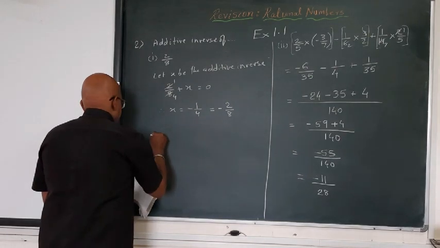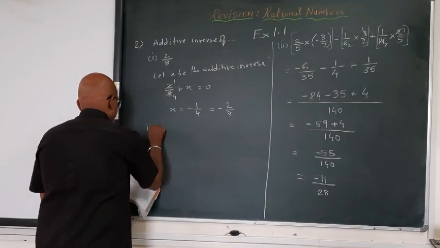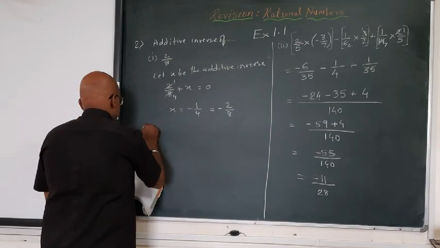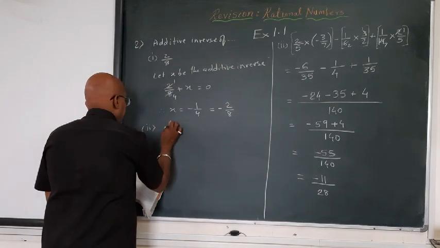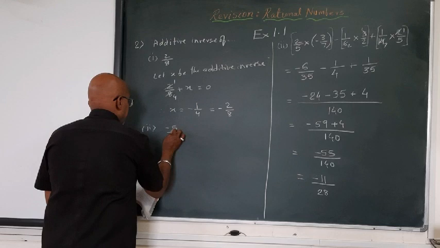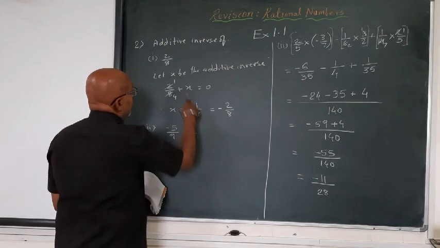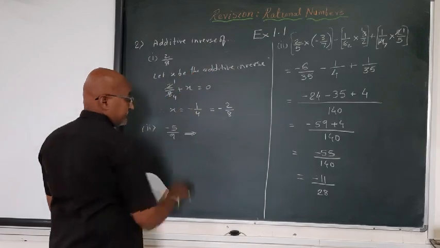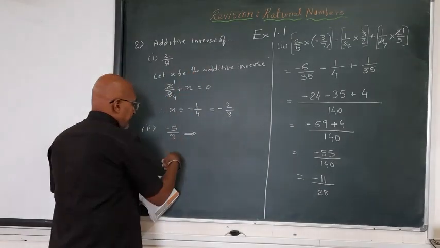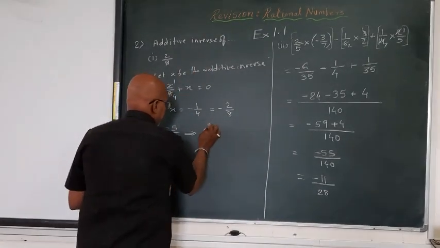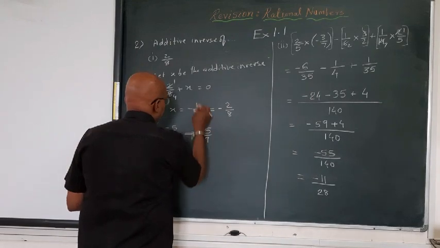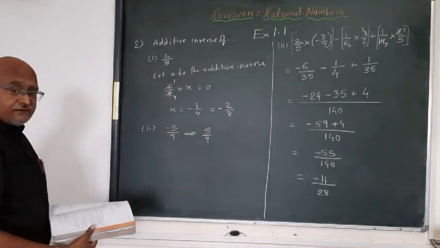So the second one is minus 5 by 9. So what will be the additive inverse of this? As I have written, additive inverse of this, just changing the sign, we can write 5 by 9. No need of solving, this is for your understanding.